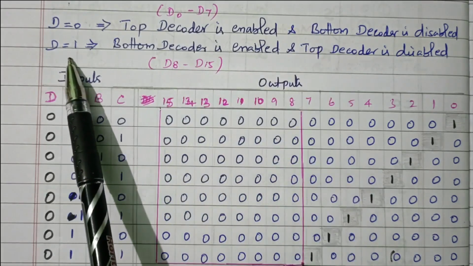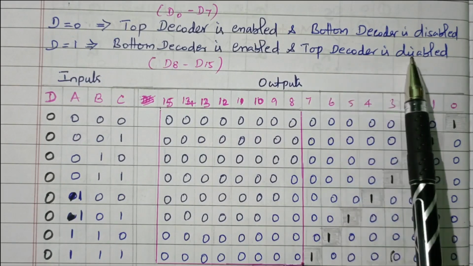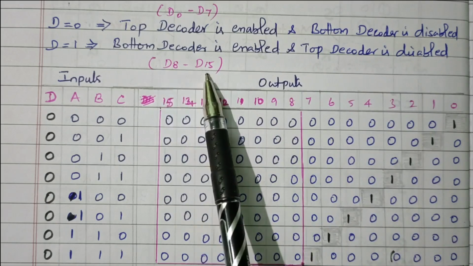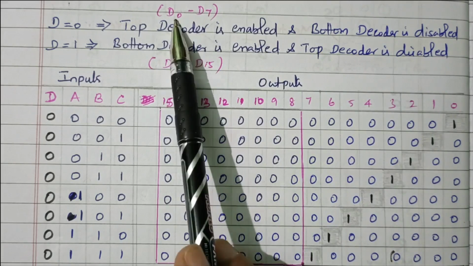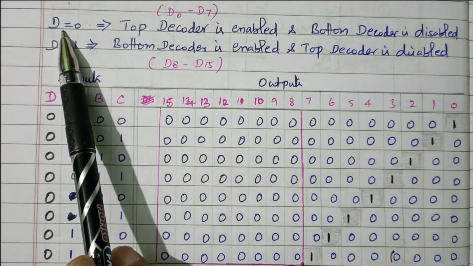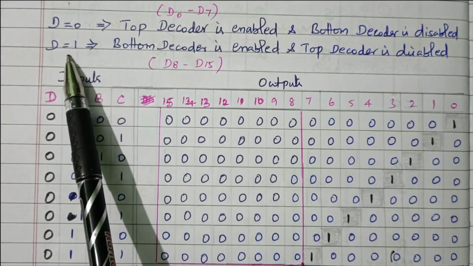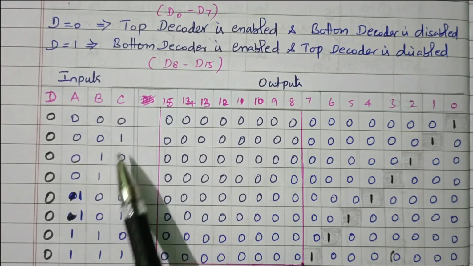If D equal to 1, the bottom decoder is enabled and the top decoder is disabled, so we get the data from D8 to D15, and at that time all the outputs D0 to D7 are 0. So D equal to 0, we get data from D0 to D7; D equal to 1, we get data from D8 to D15. Now we'll see the truth table.